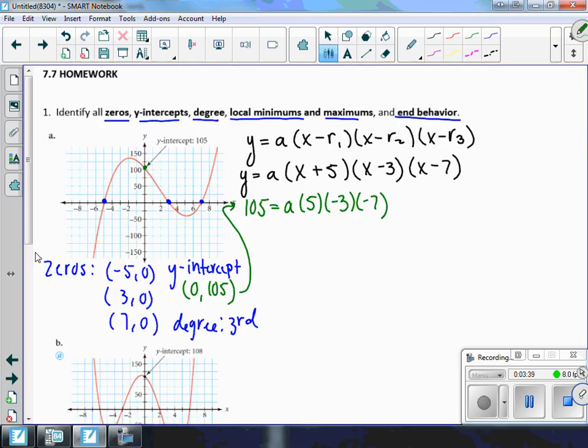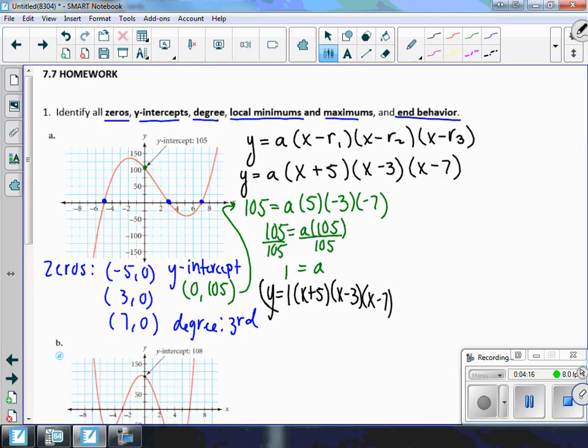Multiply 5 times -3 times -7 and you get a total of 105. Therefore, when you divide by 105, a equals 1. So my final factored form is y equals 1 times x plus 5 times x minus 3 times x minus 7. Here is our equation for this polynomial.